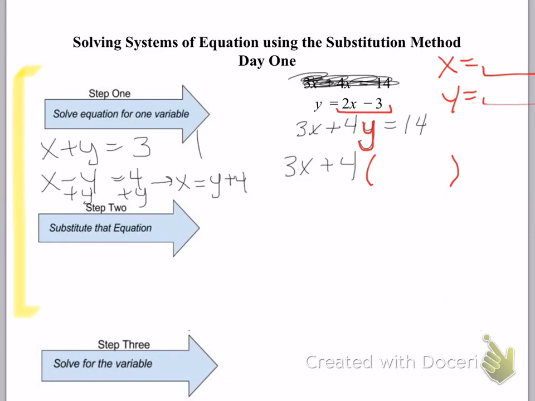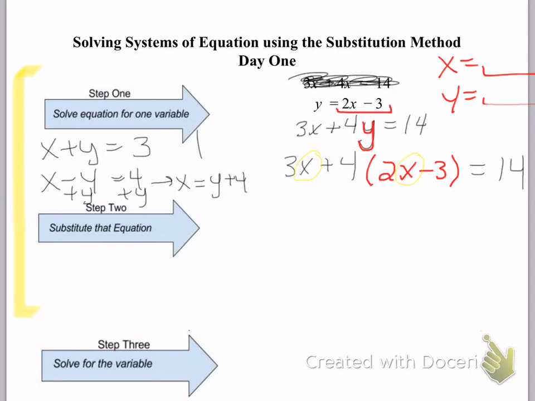Make sure you do that. That's your 2x minus 3, and then equals 14. All we did was take what we had equal to y and substitute it in for y. And as you can see, our goal, which we met, was to get the same variable throughout the equation. We have just x's in this problem, so that means we could solve for that variable.